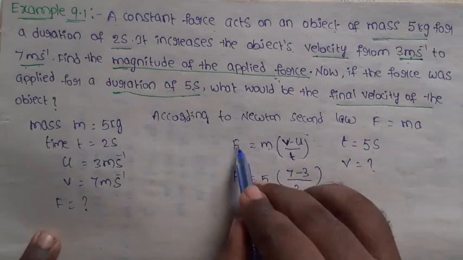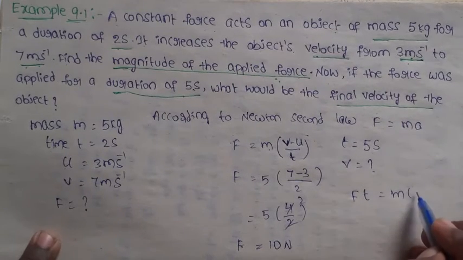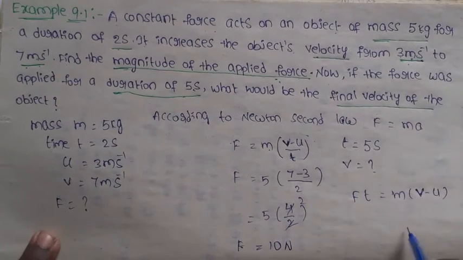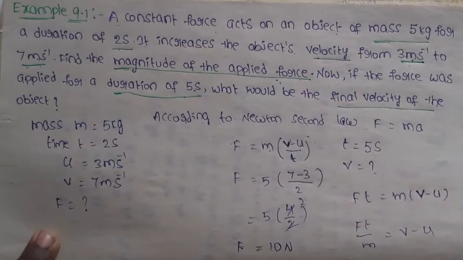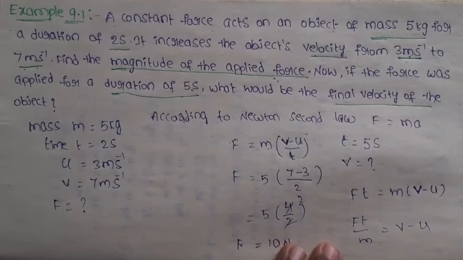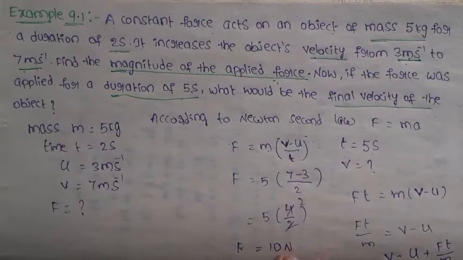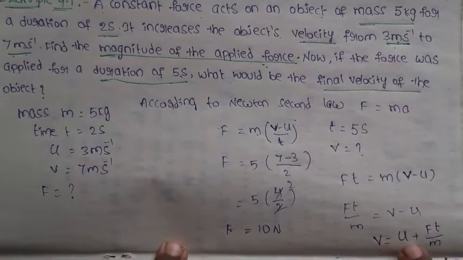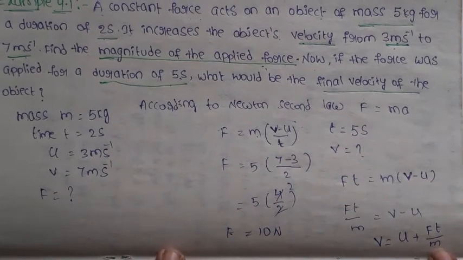Cross multiplying, Ft equal to m into (v minus u). We want the v value, so Ft by m equal to v minus u. Therefore v equal to u plus Ft by m. This is the formula for finding the final velocity: initial velocity plus force into time by mass of the object.